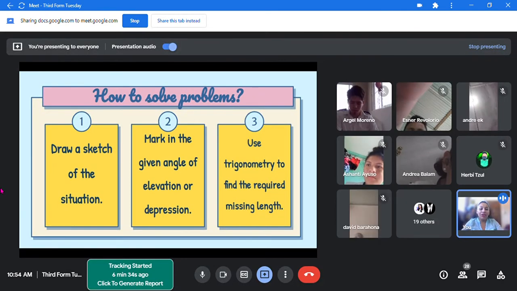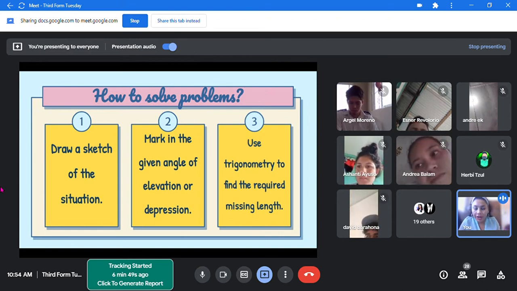Then I would mark in the given angle. After I have created my diagram, am I looking at an angle of elevation or an angle of depression? And finally, I use trigonometry, the trig ratios sine, cosine, tangent, arcsine, arccos, arctan, to determine the length of a missing side or of a missing angle.